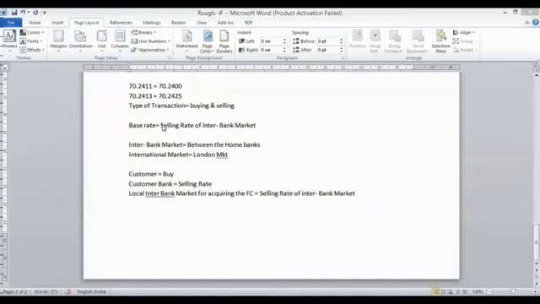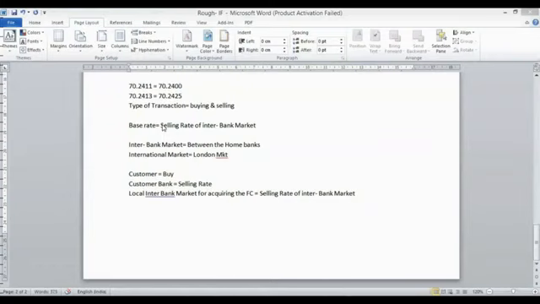Here also, when we are talking about a foreign currency, the basic rate will be given by the bank which holds that foreign currency and wants to sell it. That will become the basic rate. Suppose I take the example of Japanese yen.